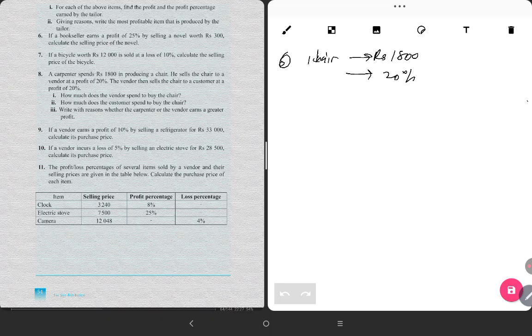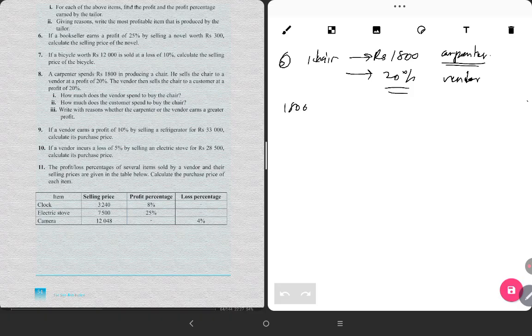The vendor then sells the chair to a customer at a profit of another 20%. Now, this is the carpenter. This is the vendor. The vendor buys at 20% higher. So what is the profit that the carpenter is making?